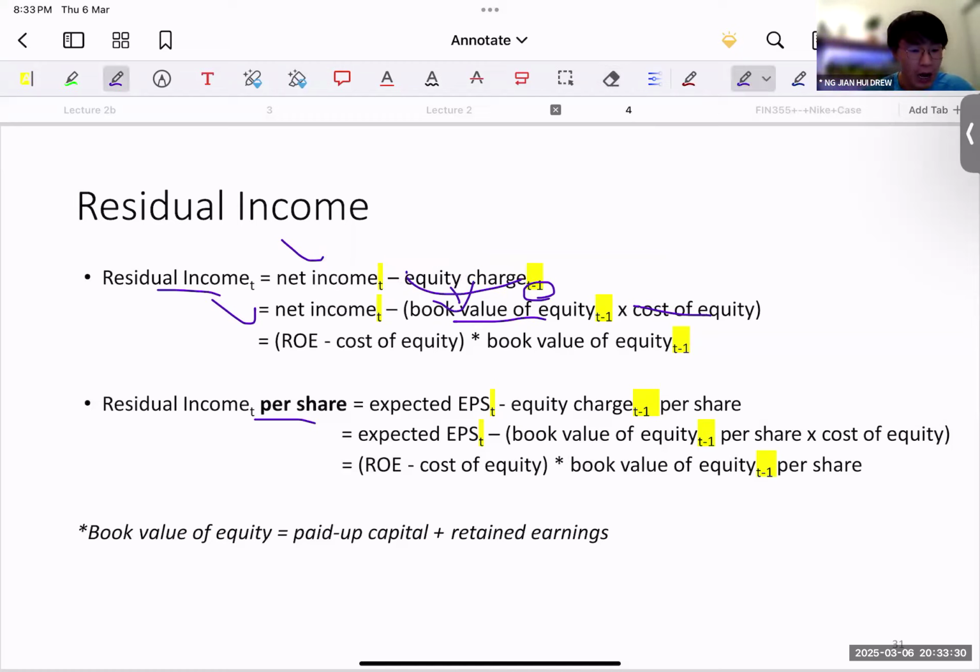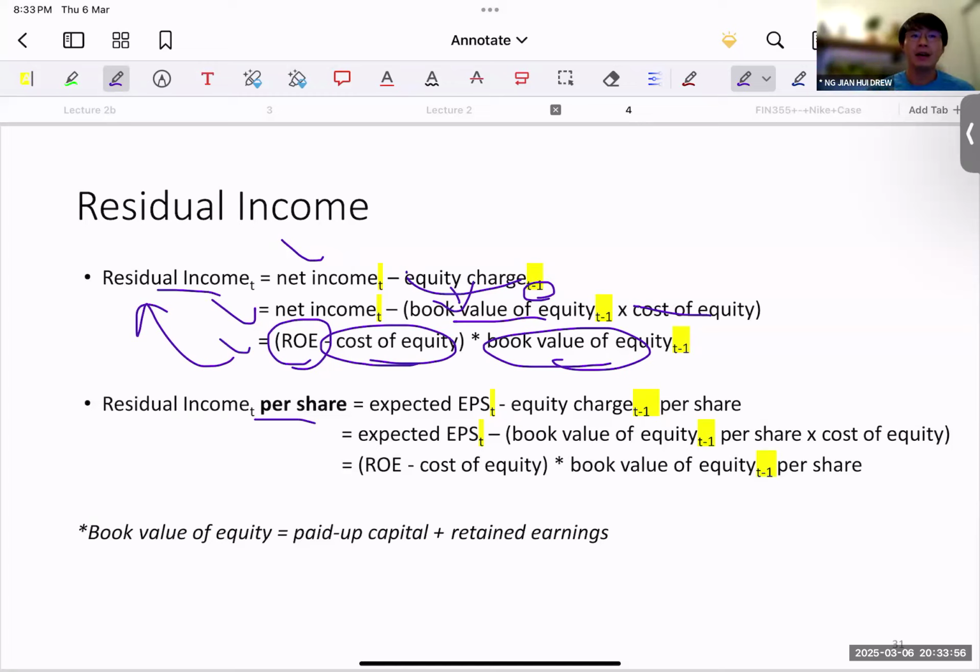Alternatively, you can look at your ROE. ROE is basically your return on equity. So whatever your equity holder is returning to you, minus the cost that's involved, right? And so this amount multiplied by how much equity you have will basically give you the residual, what is remaining. So this second formulation is just a different way of thinking about it.